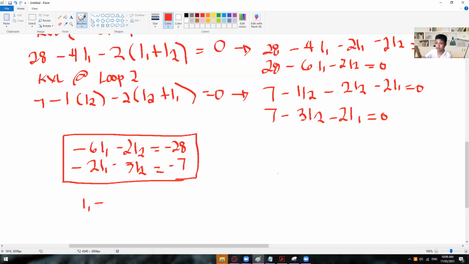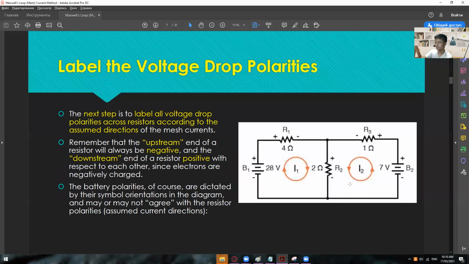So I sub 1 is 5, and the second one is equal to negative 1. Notice that we have a negative sign again, so the assumed flow of current here should actually be the other way around. Instead of counterclockwise, this will go clockwise, the conventional method.